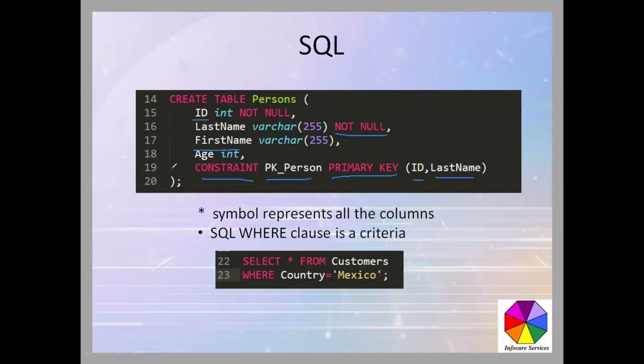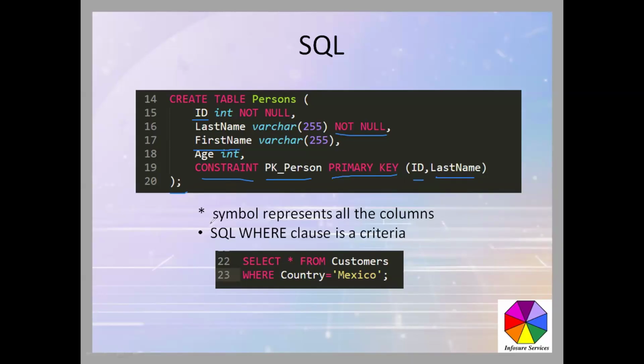That is our last record. I could have multiple constraints defined further below. Then the brackets end with a semicolon. So this is a table where you're creating person.